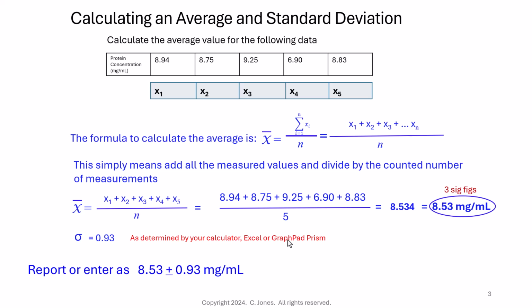So we would report this as the average plus or minus the standard deviation. So this would be 8.53 plus or minus 0.93 milligrams per mil.